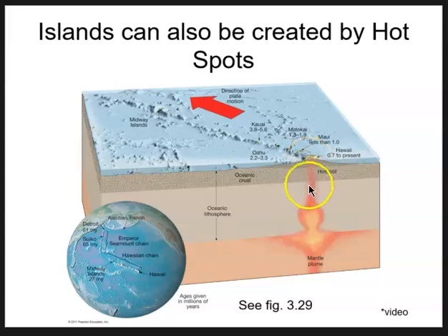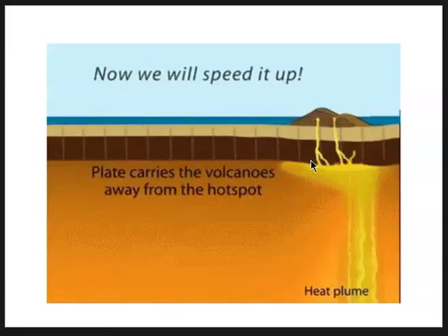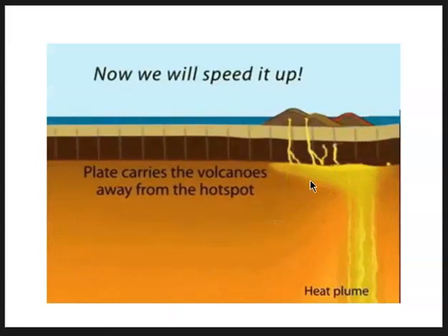What happens is the plume stays in the same spot, but because the crust above it is moving, each time that moves, you have a new island that forms if you're in the ocean. So let me show you a little animation to help you see that.